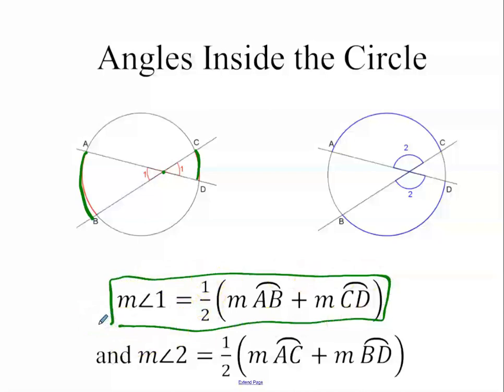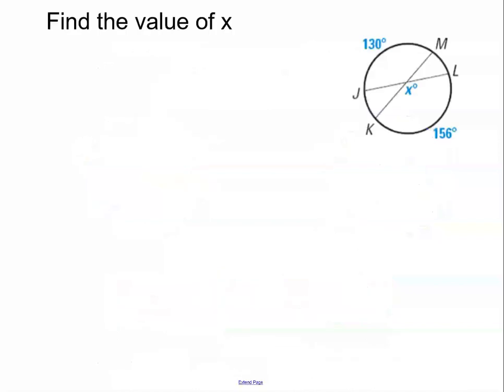And it works the same way with these two angles right here. You'll see it's the exact same formula, just using the 2 arcs that are inside each of those 2 angles. So you use the 2 arcs that are inside that pair of vertical angles and find the average of them. All right, so now let's look at a couple of examples of those.